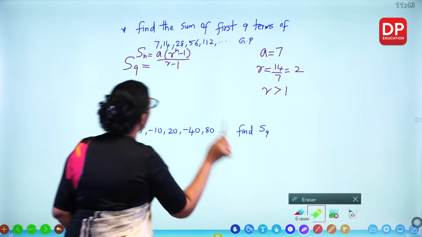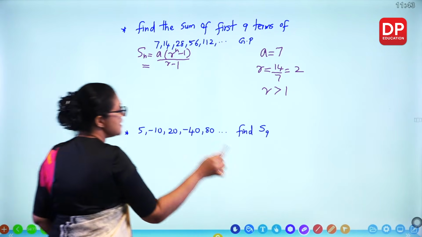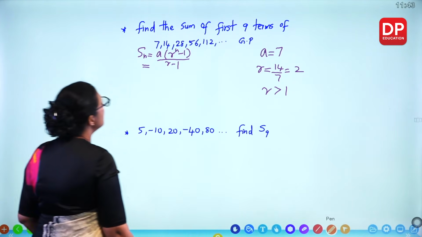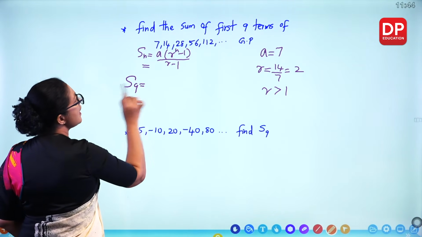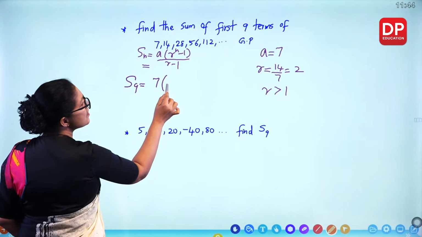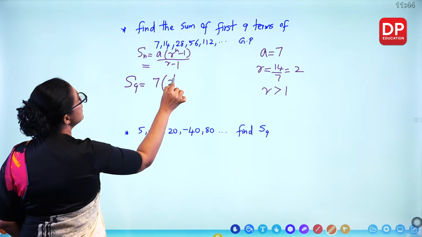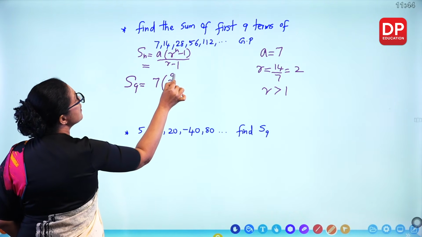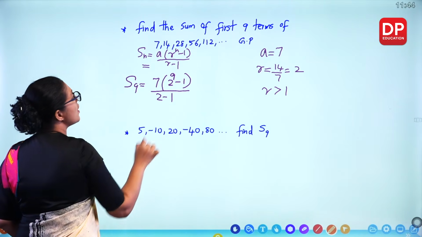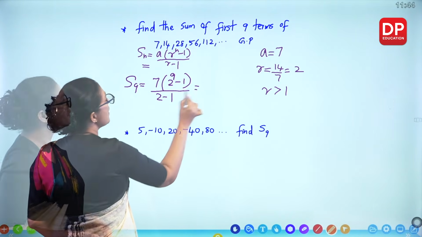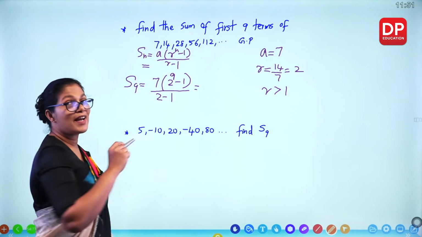Now plug it into the formula for S9. That means n equals 9. A value is 7, R is 2. 2 to the power 9 minus 1 over 2 minus 1. Now, what's 2 to the power 9?